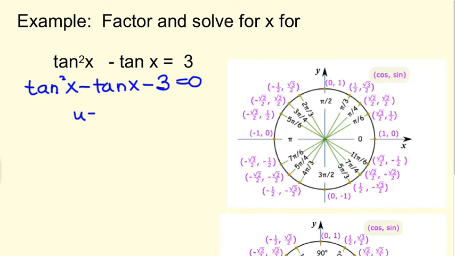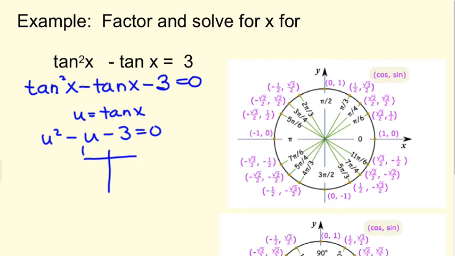So you'd say u equals the tangent of x, and then you replace it as u squared minus u minus 3. In this case, we get to use the t-chart. So you're saying, what are the factors of -3 that add to -1? Well, -3 times +1 is -1.